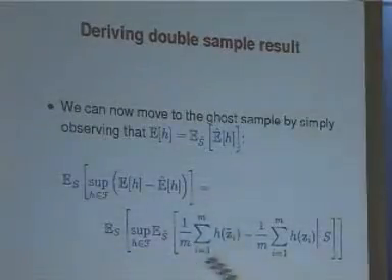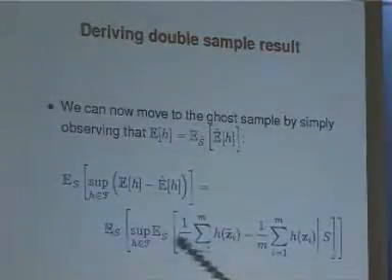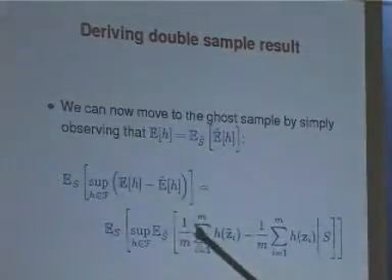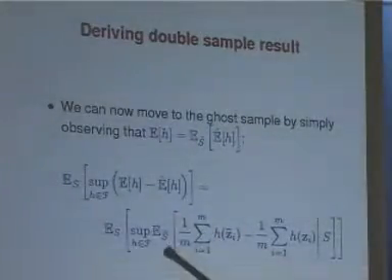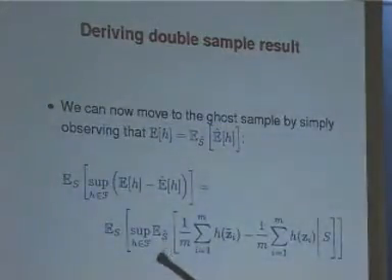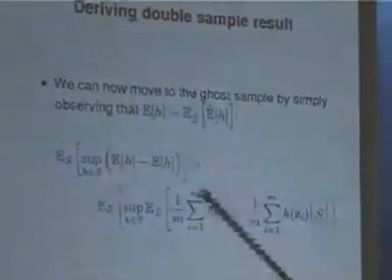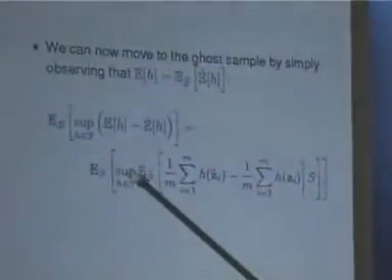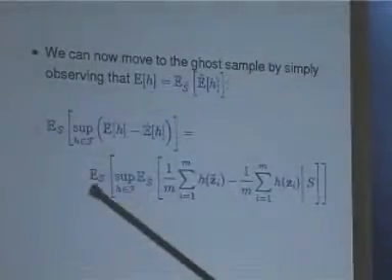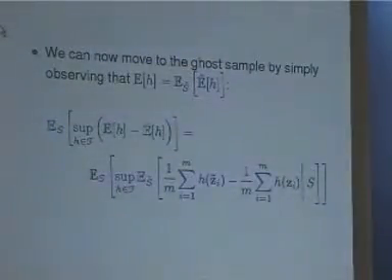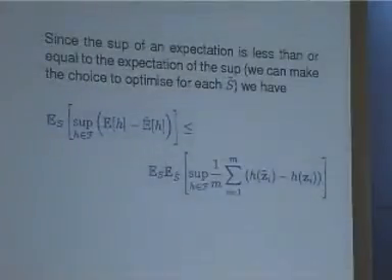That gave us this expectation over this guy in place of this guy, and that's just an equality, because if you just work out this average and randomize over the choice of the samples, you're going to end up with a true estimation. Then we were able to bring this E of s outside and only increase. And that gave us that one.